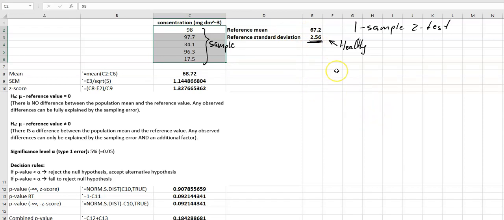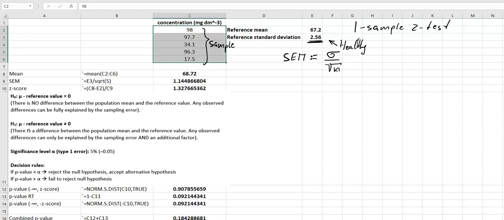We now also need to calculate a standard error of the mean. That is usually abbreviated by SEM. That's the standard error of the mean. And for the standard error of the mean, we can use the equation standard deviation divided by square root of the number of observations.